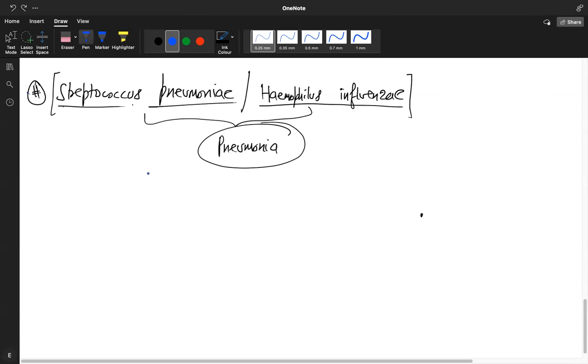So alveoli get infected, and as a result of the infection, the alveoli get filled with fluid. Whenever there is infection anywhere in the body, you will see that fluid swelling and fluid deposition begins, right?